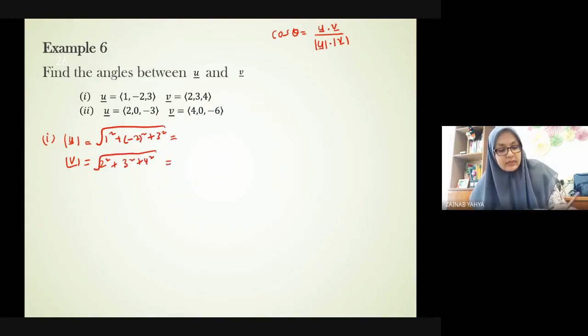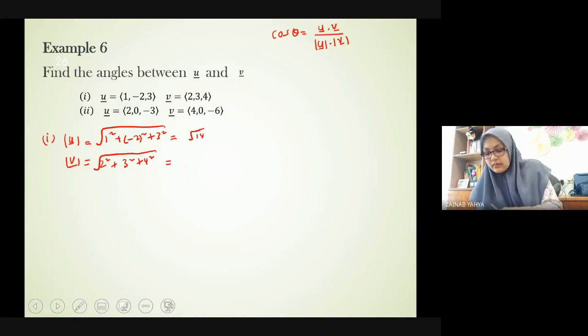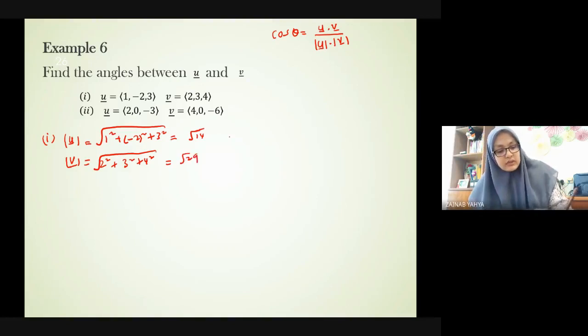So the answer would be 1 plus 4 is 5, 5 plus 9 is square root 14. This one, 4 plus 9 is 13, 13 plus 4 squared, 29, right?